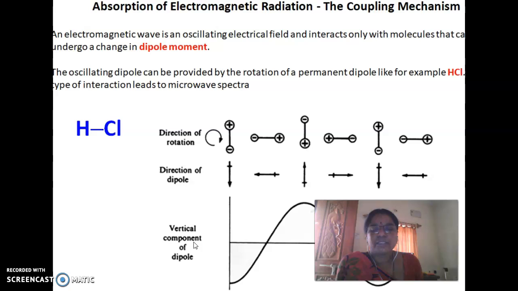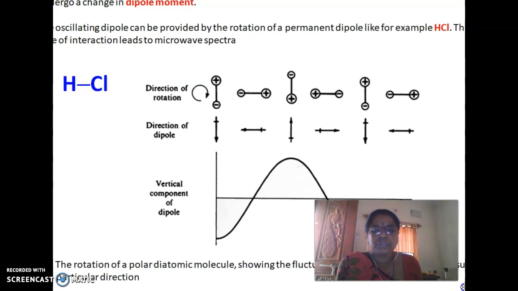This is the plot of the vertical component of the dipole. So, the rotation of a polar diatomic molecule shows fluctuation in the dipole moment measured in a particular direction.